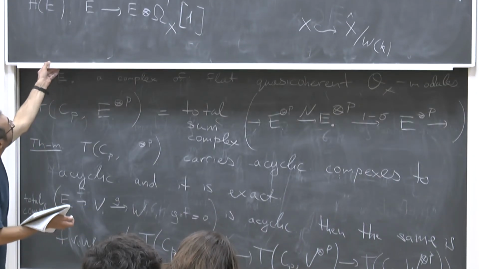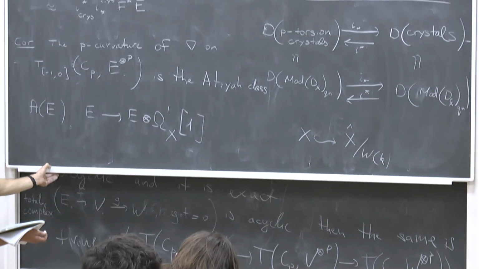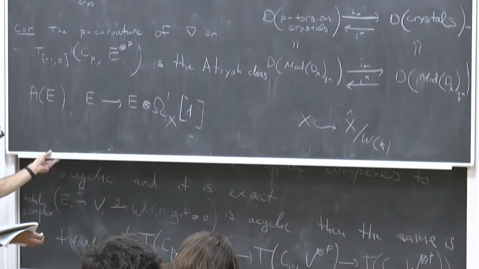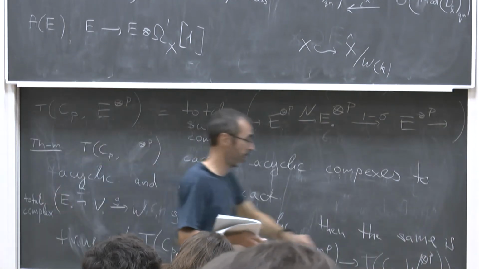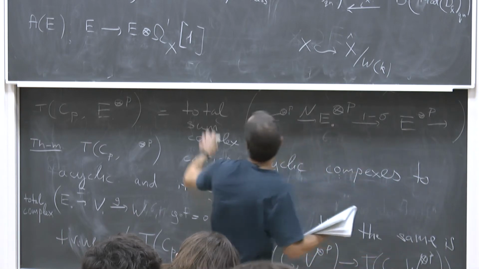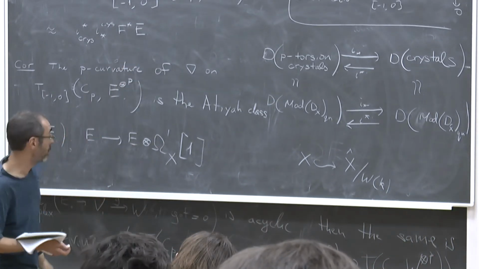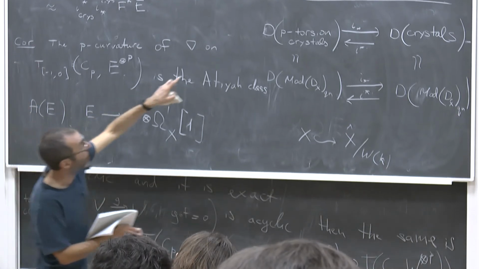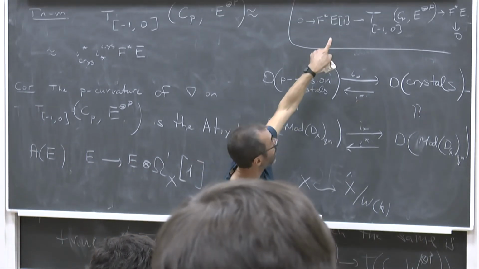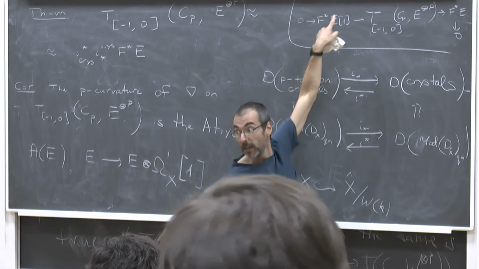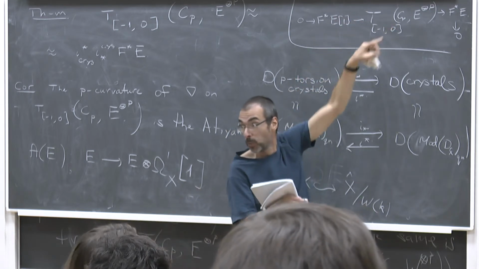Anyway, for every vector bundle or a complex of vector bundles, you get a canonical class in the second de Rham cohomology of endomorphisms of E, of the Frobenius pullback.